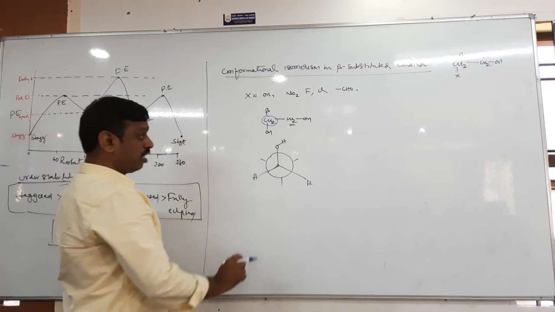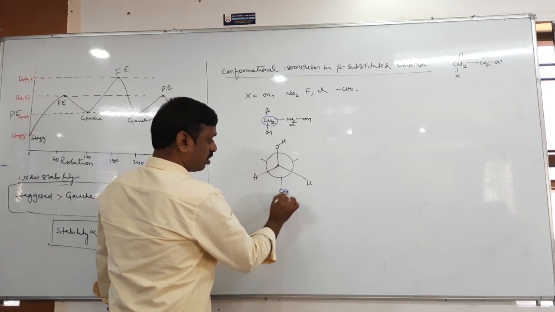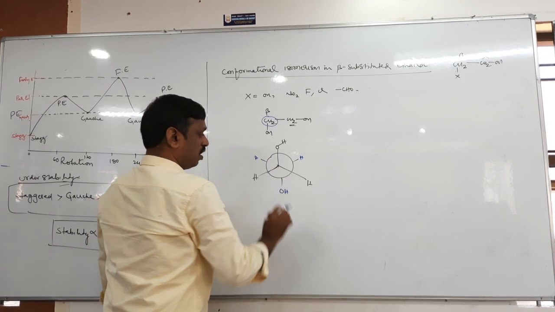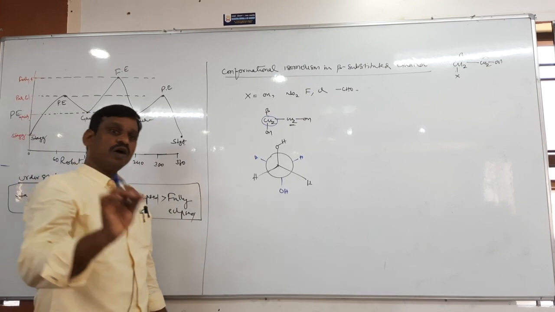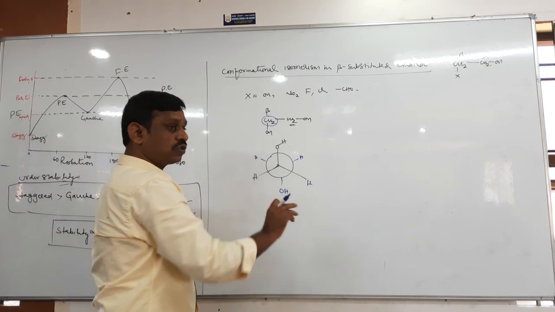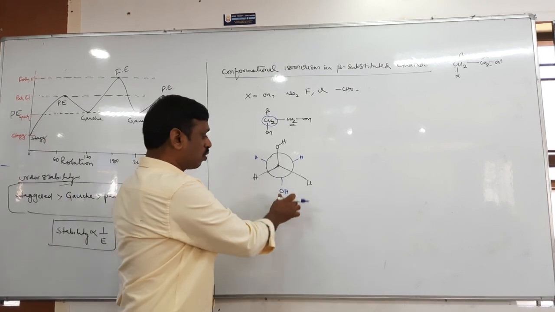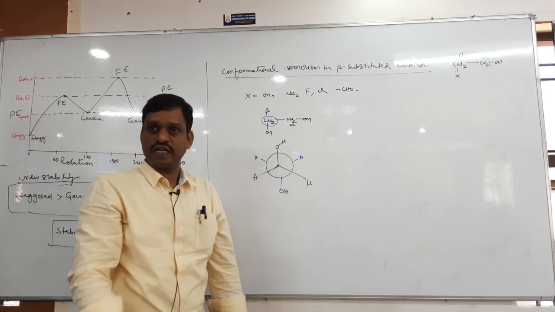Okay, if I write OH here, this is supposed to be the most stable in all compounds, because identical or bulky groups are opposite, so there is no interaction.